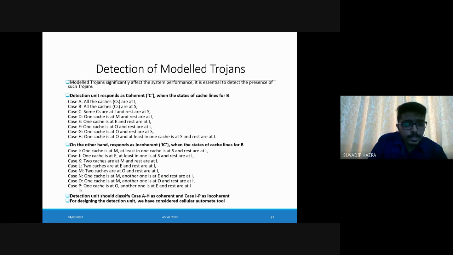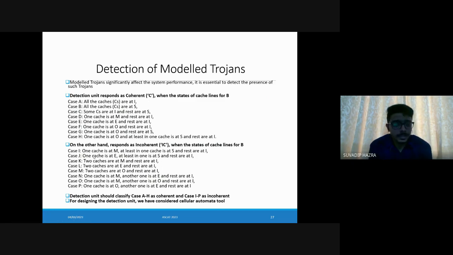We require a detection unit which can classify between cases A to H and cases I to P. Whenever the state combination is between A to H, the coherence detection unit must tell that it is a coherent state combination. Whenever the state combination is from case I to P, the detection unit must tell us that it is an incoherent state combination.